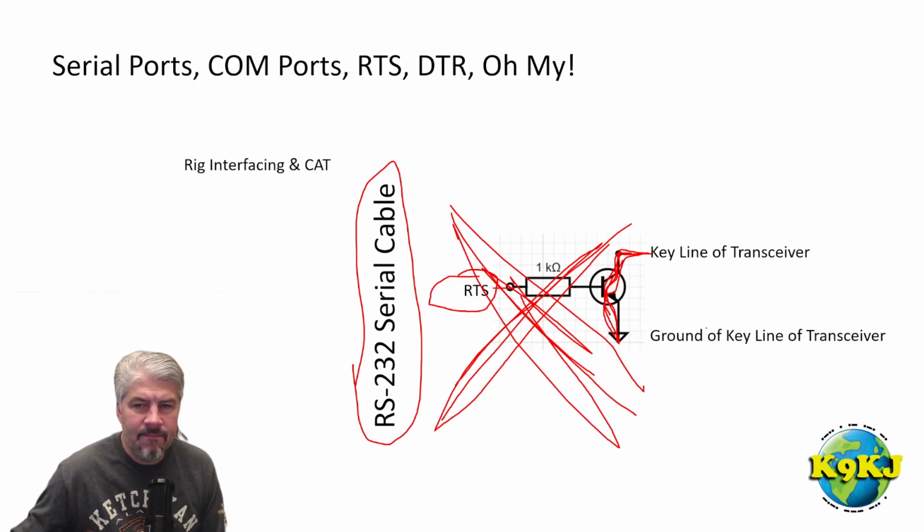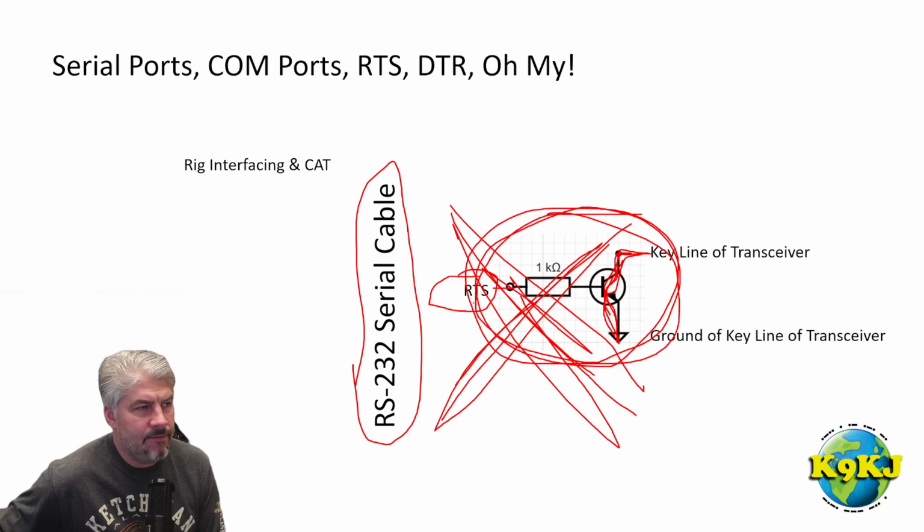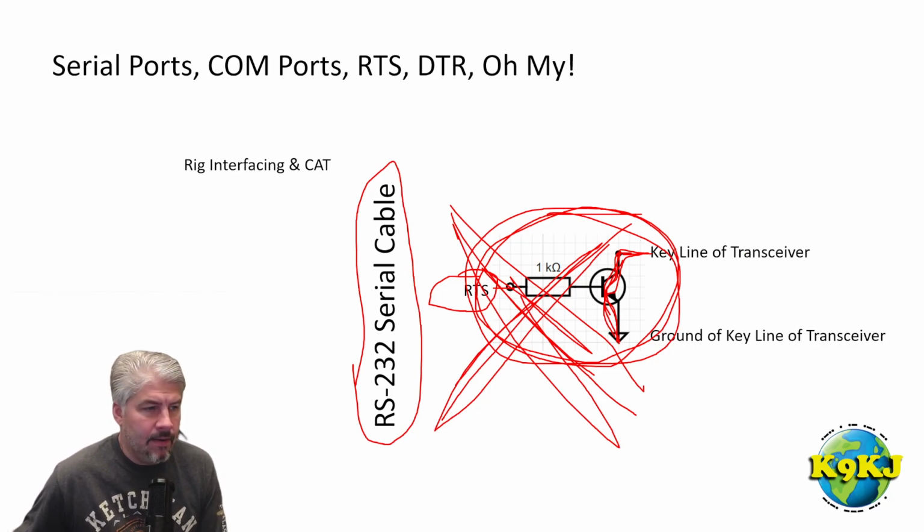You might need this schematic because of that. But that's a little bit beyond the scope of what we're talking about today. If you need to figure out how your transceiver is keying, that's also going to be a key. Getting into that is probably a whole separate video in itself.